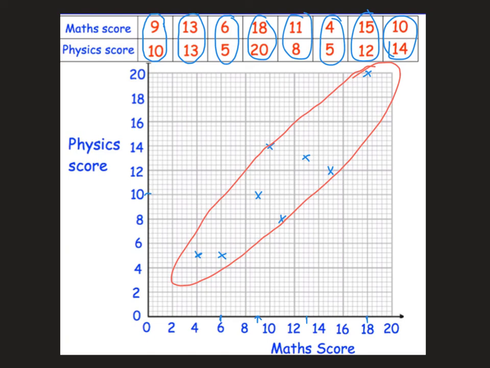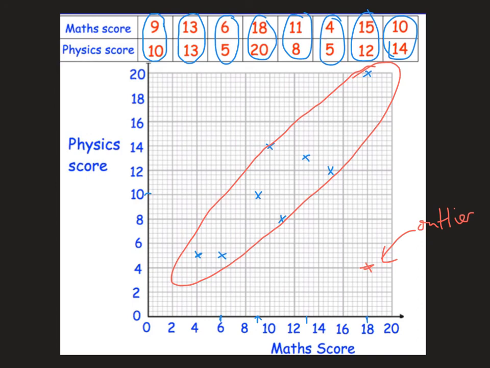You might consider some values. So, for example, the question might have also a value down here, where this person scored really high in maths and really low in physics, and you might call that, for example, an outlier. That would be called an outlier because it doesn't really fit in with the rest of the points.